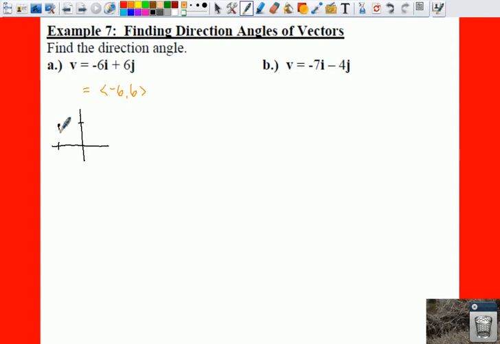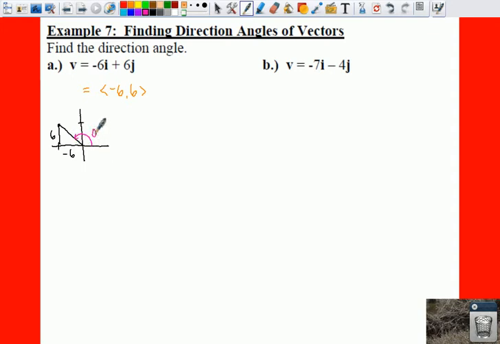And you would have this nice pretty little triangle in quadrant 2. Because if your first value is negative, doesn't that mean you go to the left, negative 6? And if your second value is a positive 6, doesn't that mean you go up 6? So you need to find out what your theta is. Your theta will be this angle from your positive x-axis all the way over to here.